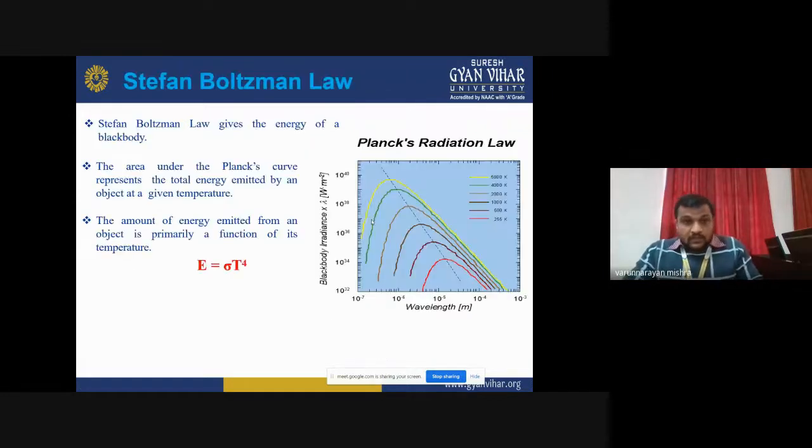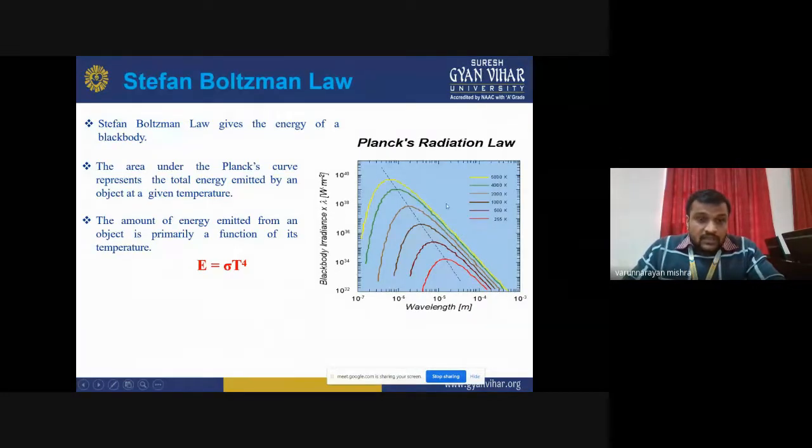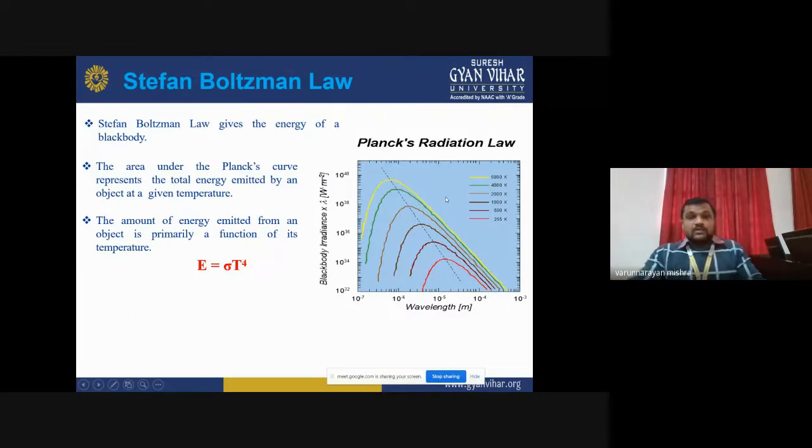Okay, the Stefan-Boltzmann law is a very important rule that gives us information about the energy of a black body, and its equation is very simple. E is equal to sigma T to the power 4, where sigma is a constant. This means the amount of energy is directly related to the temperature. The object having higher temperature has the tendency to release a higher amount of energy, following the fourth power of the temperature.